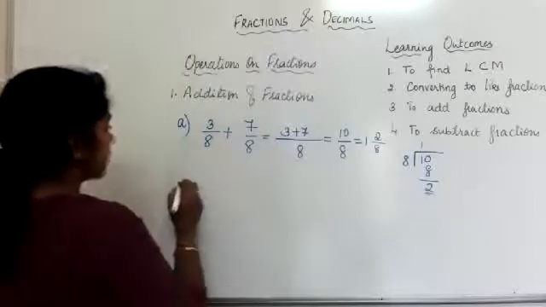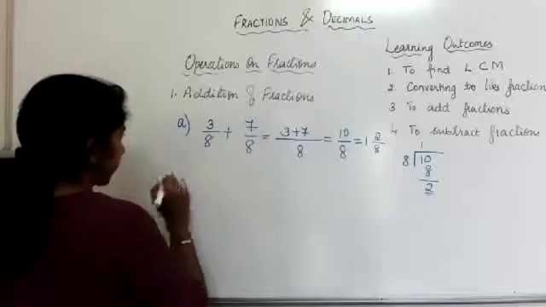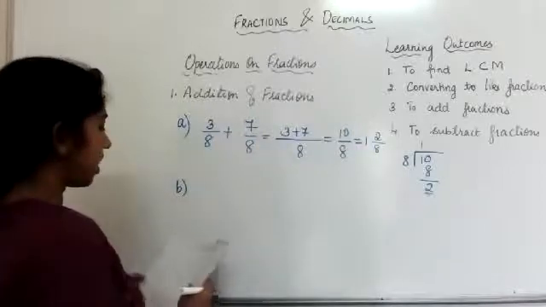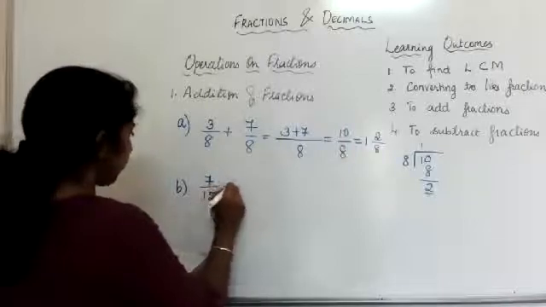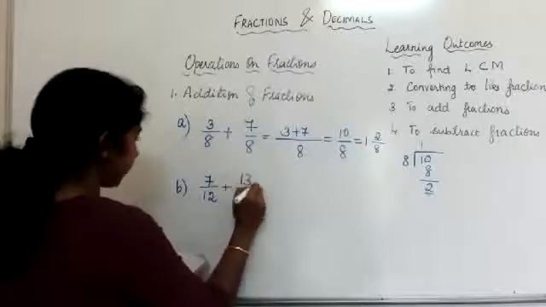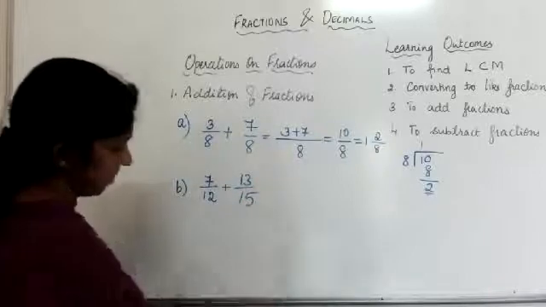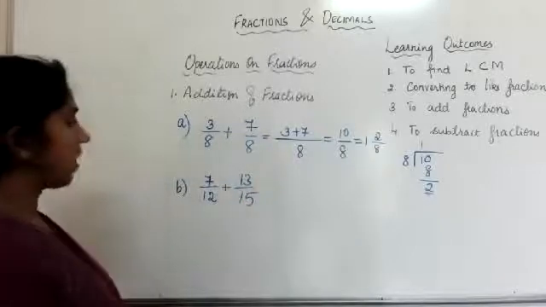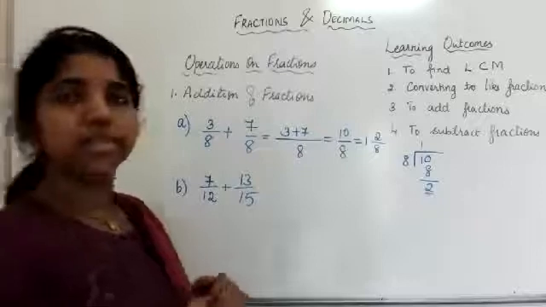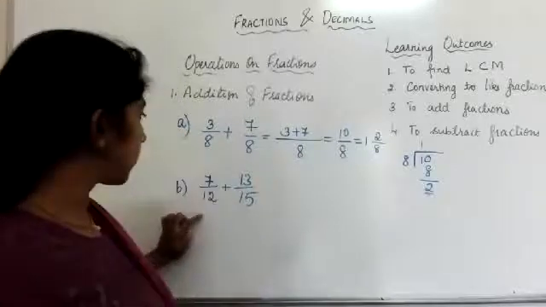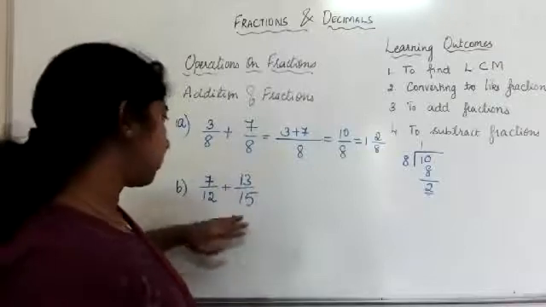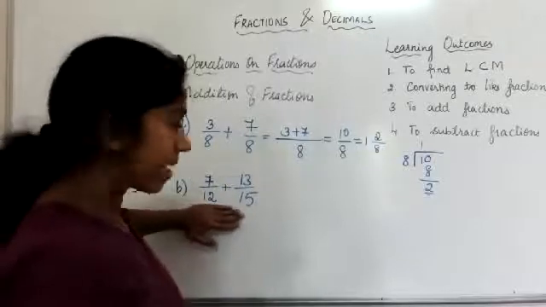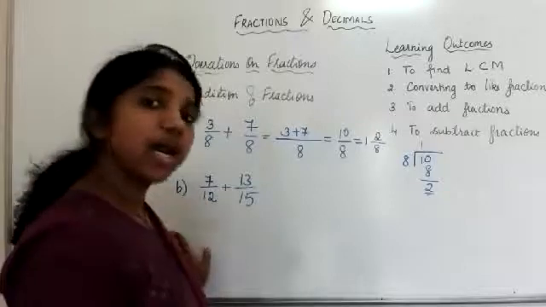Next, we will see how to add two unlike fractions: 7 by 12 plus 13 by 15. Here you can see 7 by 12 and 13 by 15, where the denominators are not the same, so these two fractions are unlike fractions.